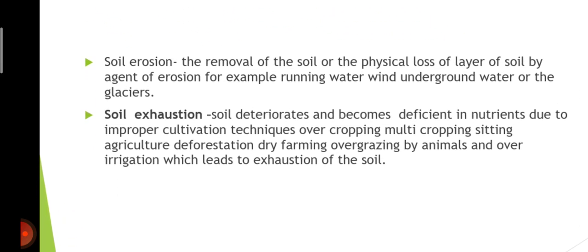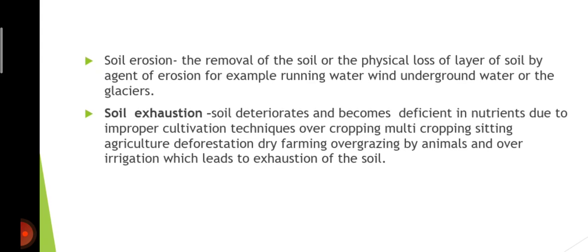Now, soil exhaustion. Soil deteriorates and becomes deficient in some nutrients due to improper cultivation techniques, overcropping, multi-cropping, wrong agriculture methods, deforestation, dry farming, overgrazing, animal rearing, or over irrigation.